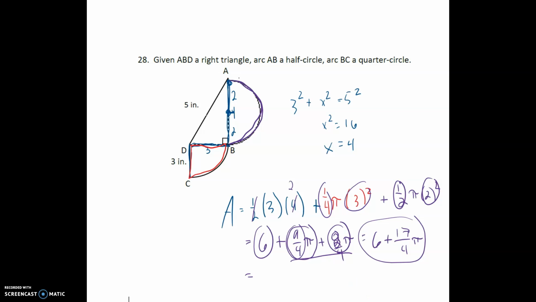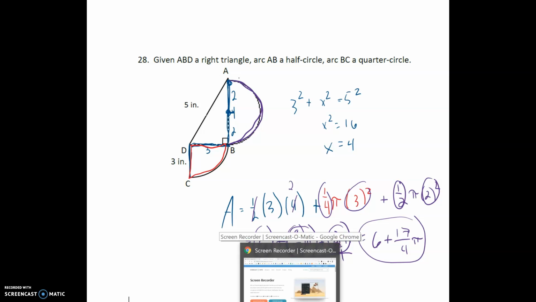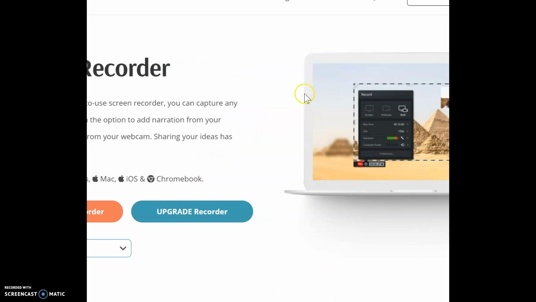That's the exact answer. Let's see what that looks like when I type it into my calculator, which will be Google right now. 6 plus 17/4 pi.